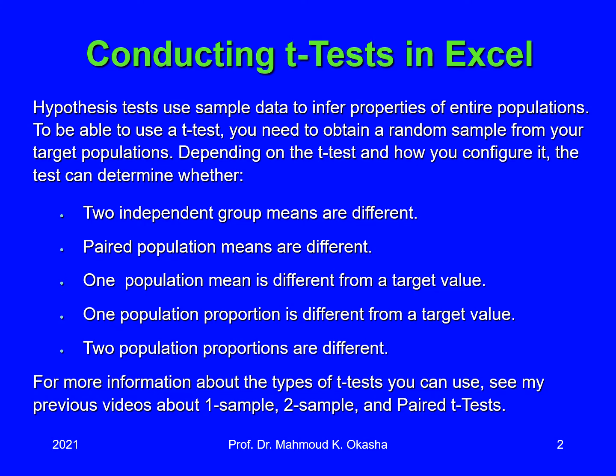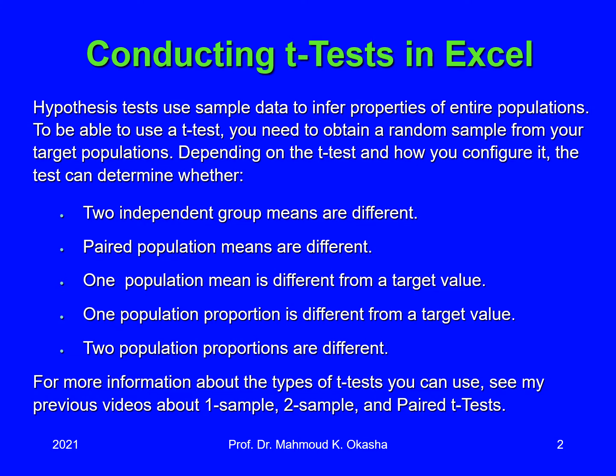First, we have two independent group means and how to test whether they are different or not, and testing the paired population means whether they are different or not. Another form of the t-test is related to one population mean, whether it is different from the target value or not.